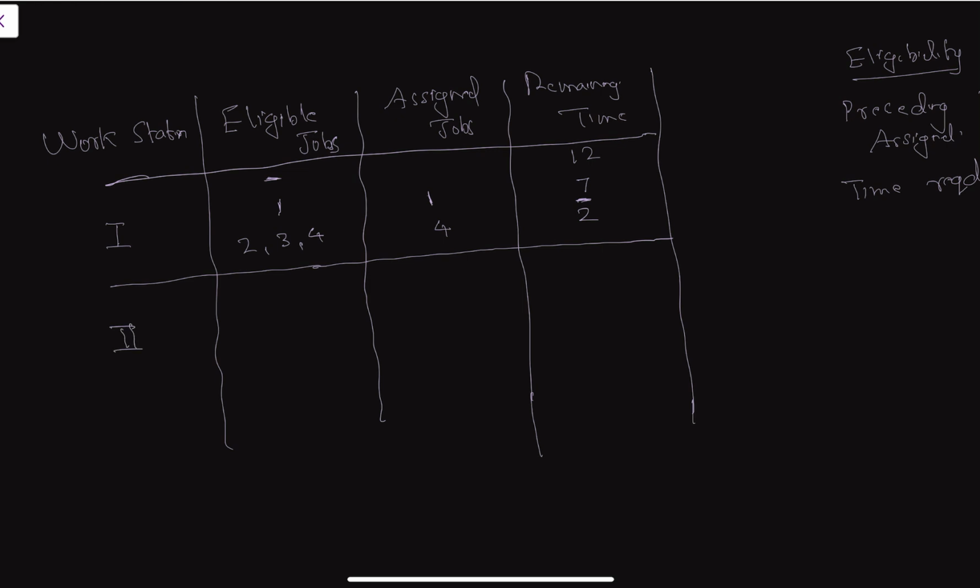So here let us look at the eligible jobs. The cycle time is 12, so initially there are no eligible jobs. And then, what are the eligible jobs right now?